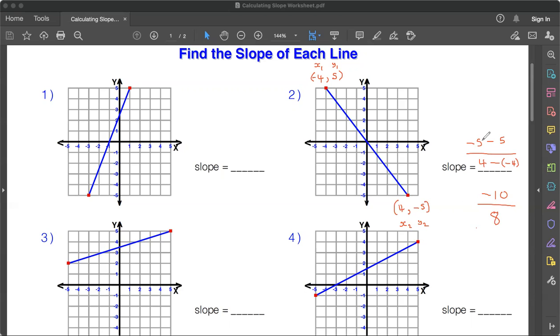Because -5 take away 5 is -10. However, 4 to subtract -4, you have to remember that these two negatives being so close together make this a positive. So it'll be 4 plus 4 in the end, giving me 8. And in its lowest terms, the answer would be -5/4.